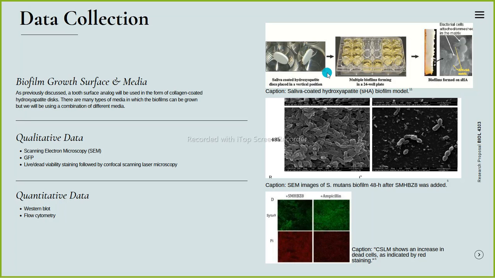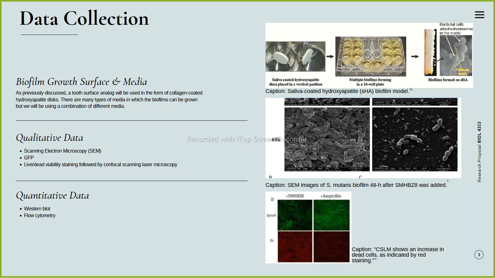For the qualitative data collection, we're going to be using scanning electron microscopy to look at the development and degradation of the biofilms. On the right here, we can see an example of what one of these SEMs would look like. We would also be using GFP to see how much of the bacteria are actually infected with the transformed non-wild type viral vectors.